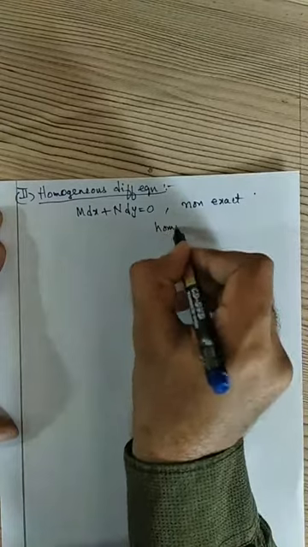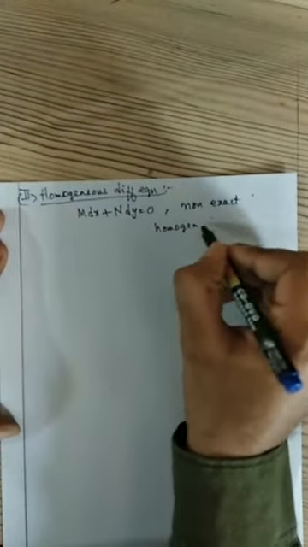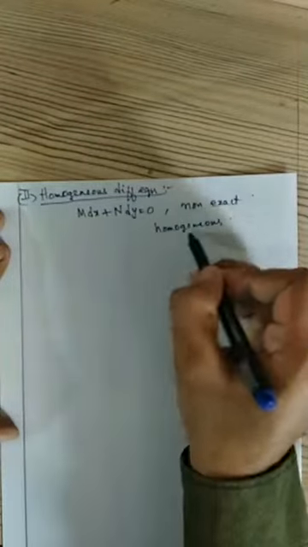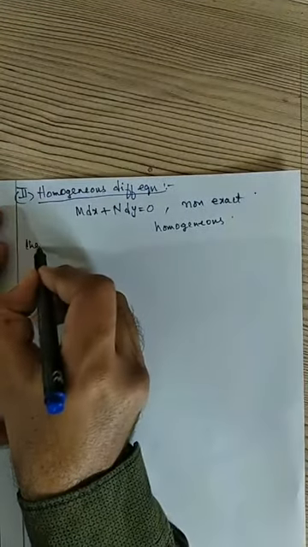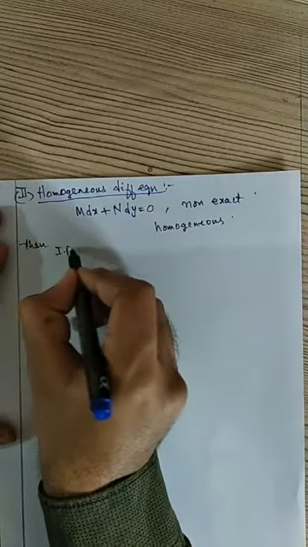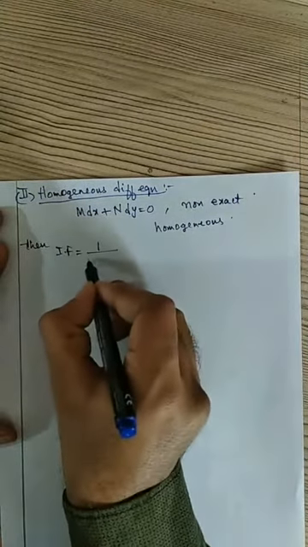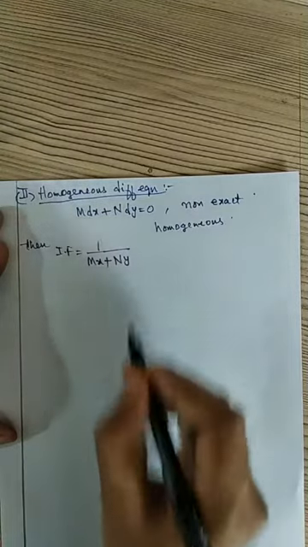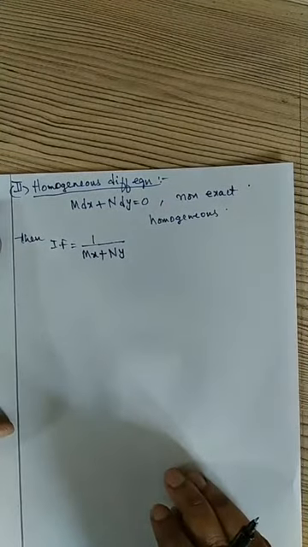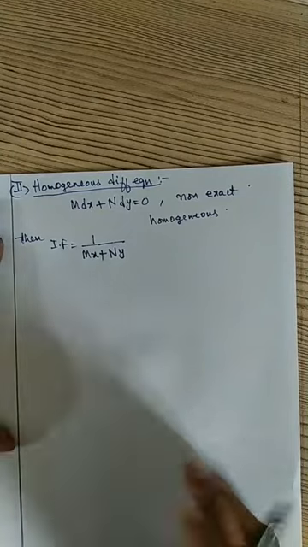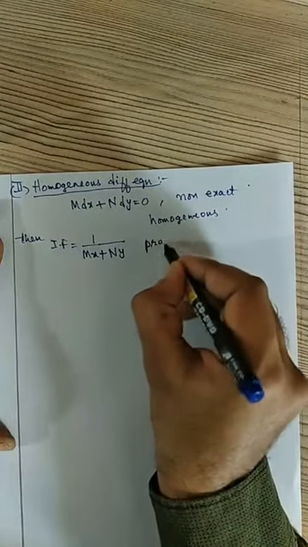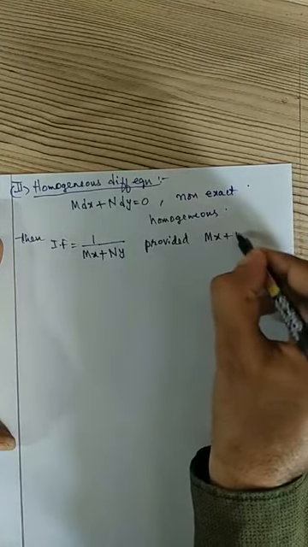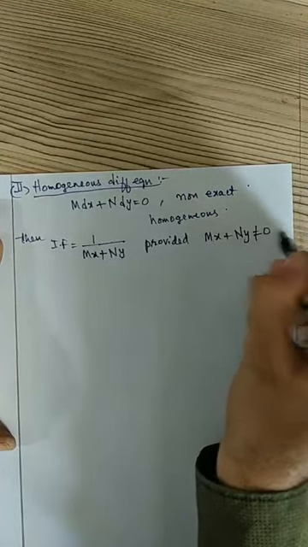What is the meaning of homogeneous? We will see when we consider a problem. It should be non-exact, it should be homogeneous. Then the integrating factor for this equation is given by 1 by Mx plus Ny, provided Mx plus Ny is not equal to 0.